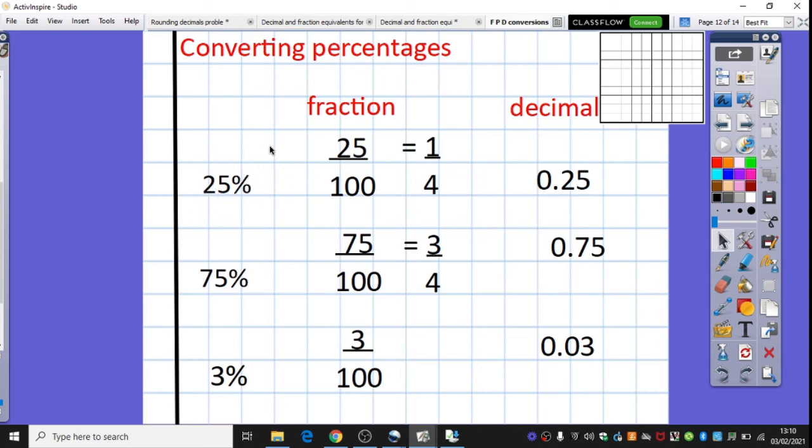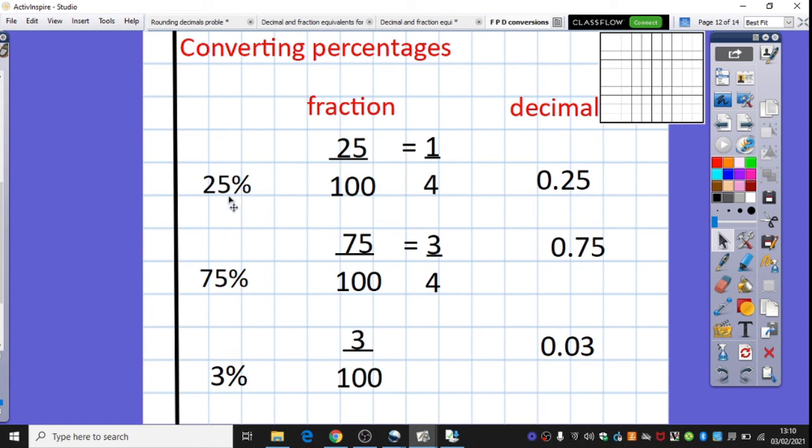And finally, just a few more for us to be aware of. If we're looking at 25%, we're looking at 25 out of 100. Now, we've looked before in previous days at 0.25 and 25 hundredths, knowing that if we take our 100 and we divide it into 4, into quarters, 25 hundredths is equivalent to a quarter.